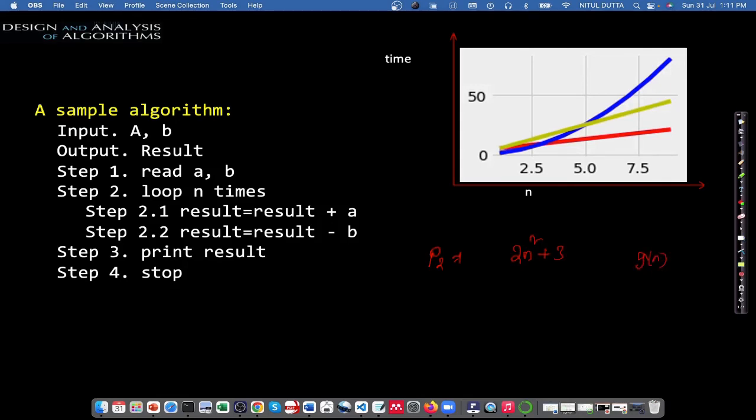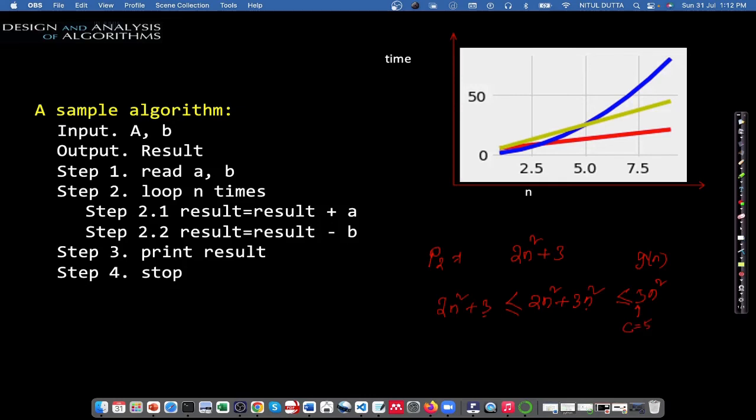We need to find a function which is greater than or equal to 2n square plus 3n square. So this 3 will come here and we put n square, that means less than or equal to 5n square. And in that case, c becomes 5.